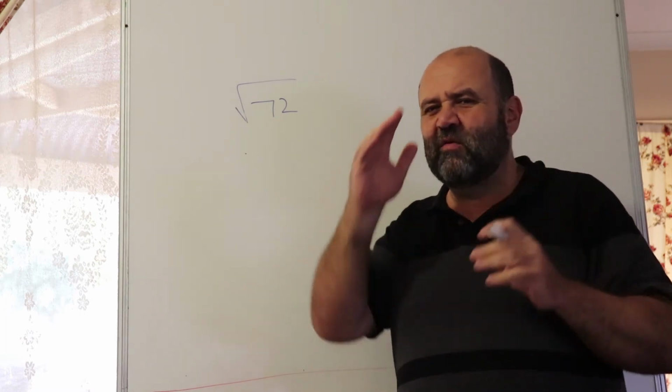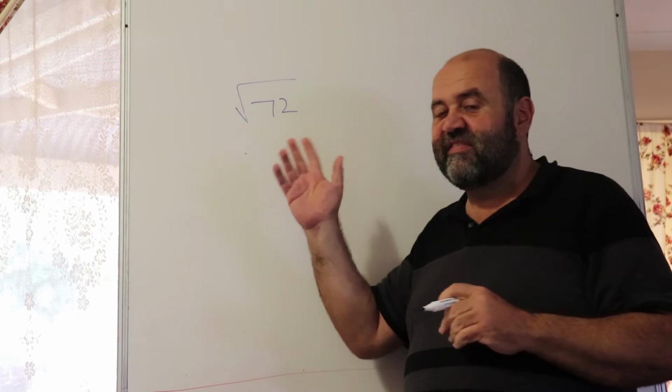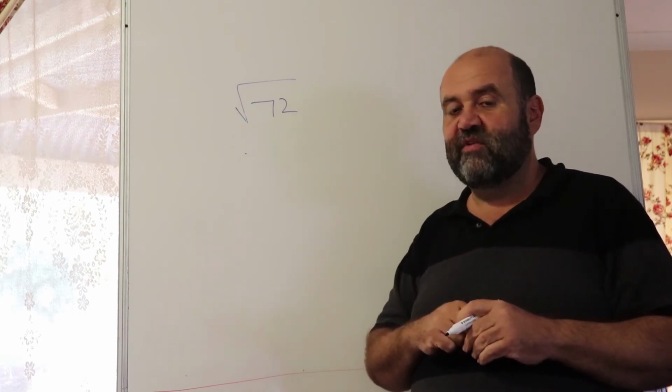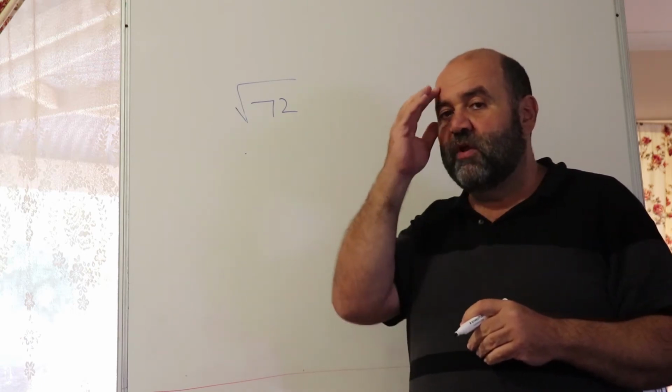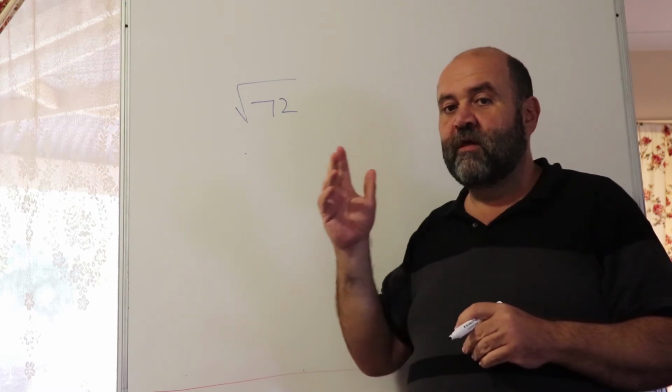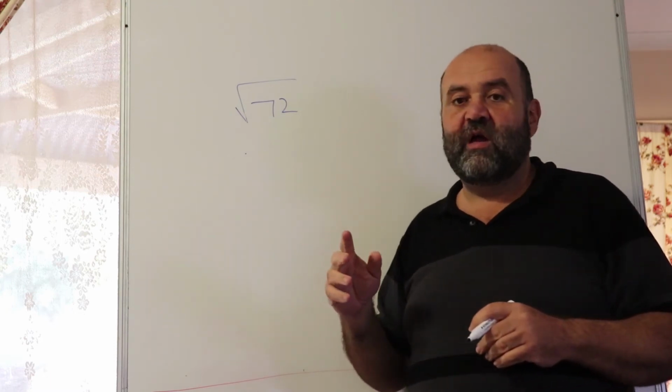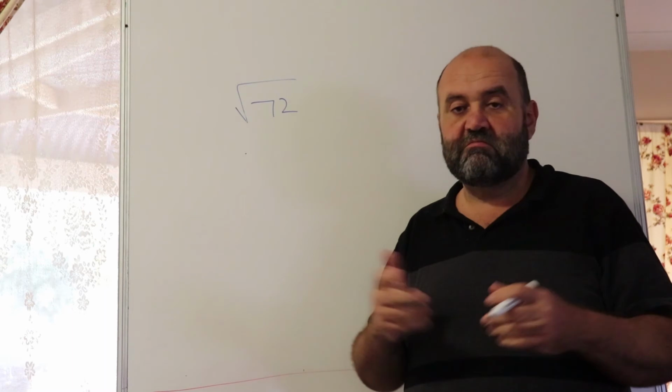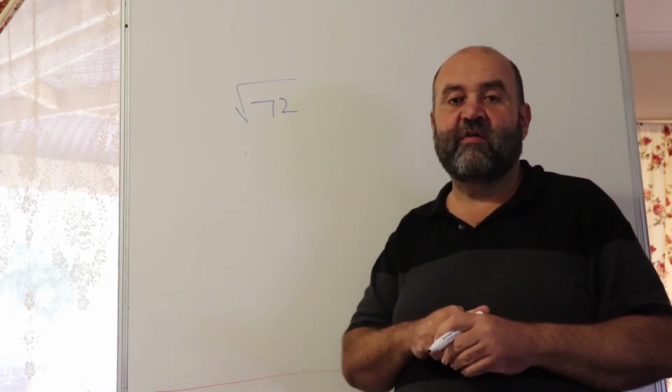So let's pretend that we couldn't work out what the biggest square number that went into 72 was. Let's say that the biggest one that we could think of that went into 72 was 4. Okay, it's the biggest square number I can think of that goes into 72.